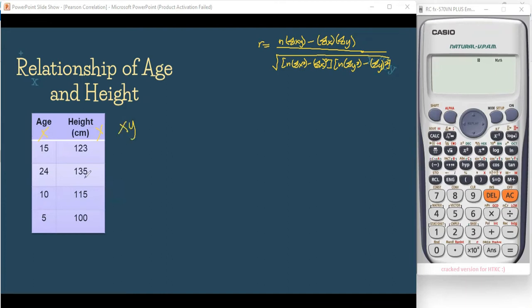So we have here xy. So 15 times 123, that is 1,845. 24 times 135, 3,240.